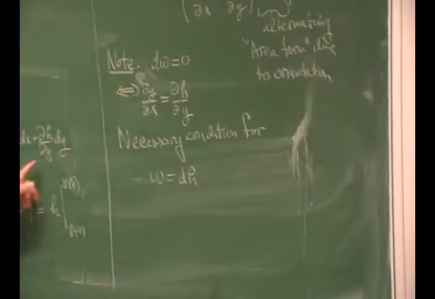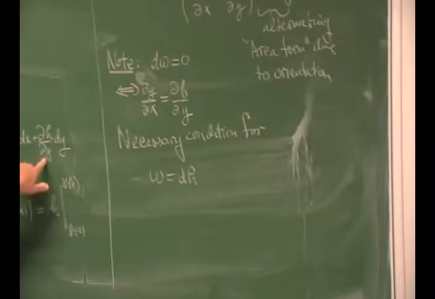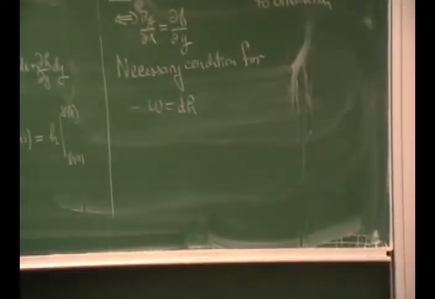Because if it's dh, you will have this, and necessarily, if this is then f and this is then g, the partial of g with respect to x has to be the partial of f with respect to y if it's really going to be of this form. This is a necessary condition.